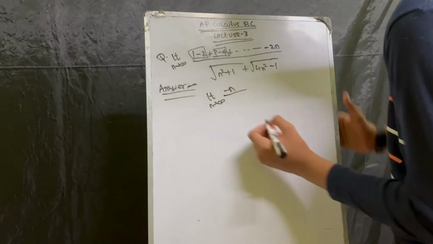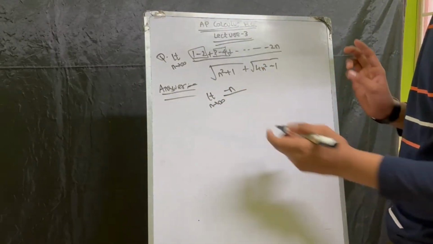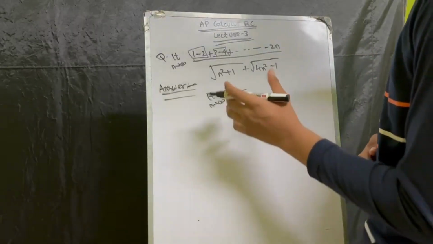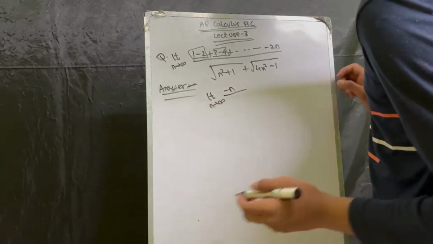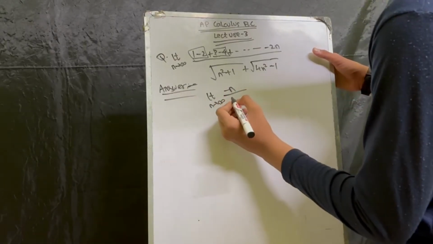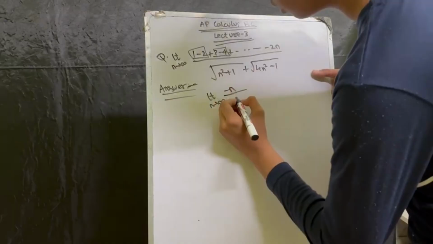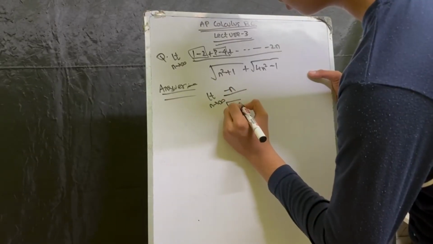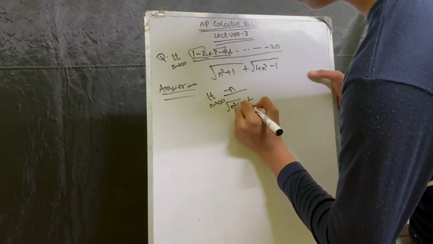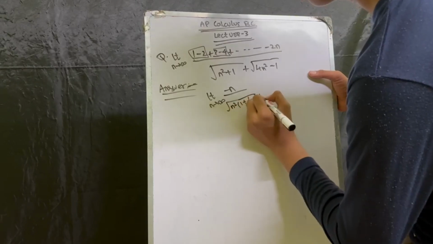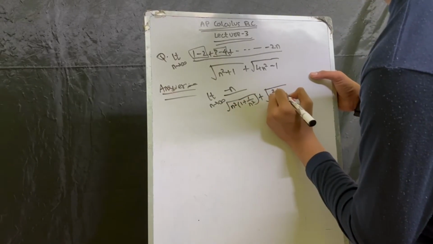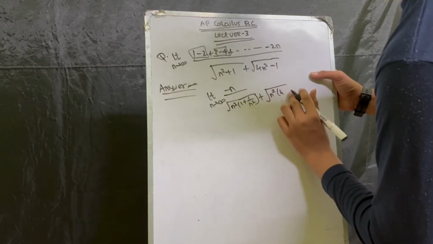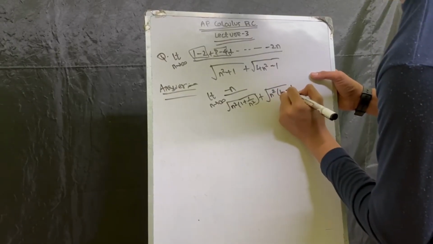Divided by, here you can take a clever way, you just have to cancel this n so that you won't get infinity as the answer. So let's take n squared common in this group, n squared into 1 plus 1 by n squared, plus the square root of n squared into 4 minus 1 by n squared.